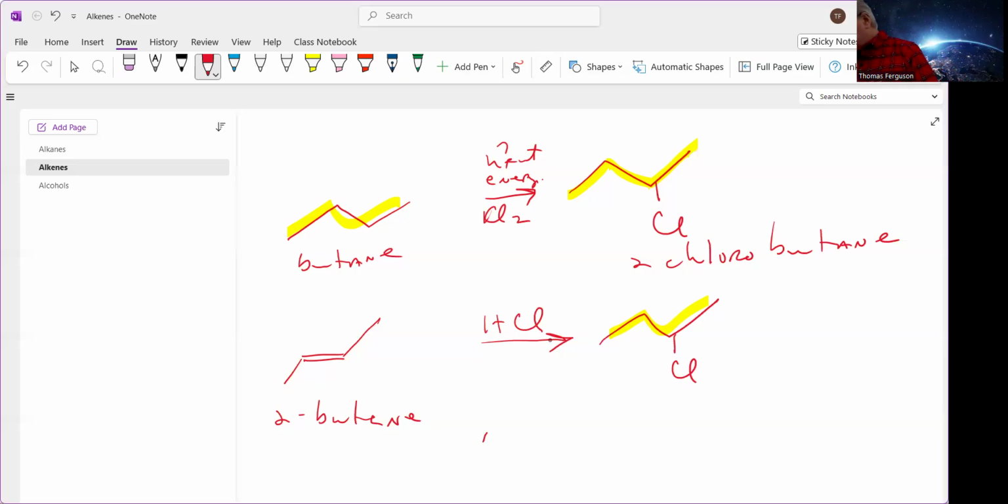It's an addition reaction using HCl. The first one would be chlorination, or halogenation. Yes, exactly. The first one would be chlorination. The second one would be an addition reaction with HCl.